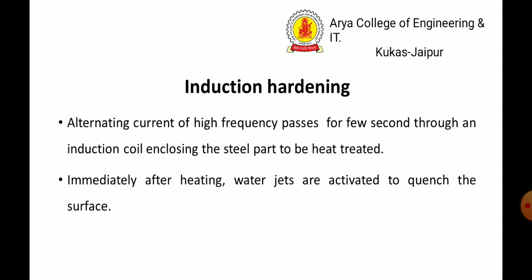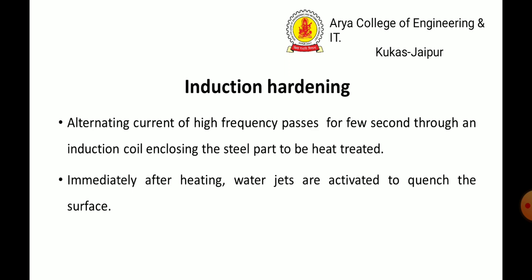The last one is induction hardening. The heat is quickly developed by high frequency eddy currents and hysteresis currents on the localized surface layers. The primary current is carried by a water cooled tube and the workpiece serves as a secondary circuit.